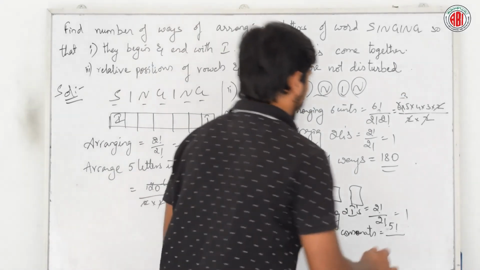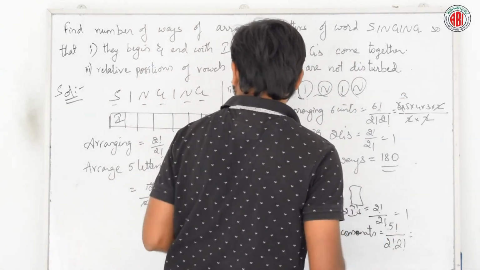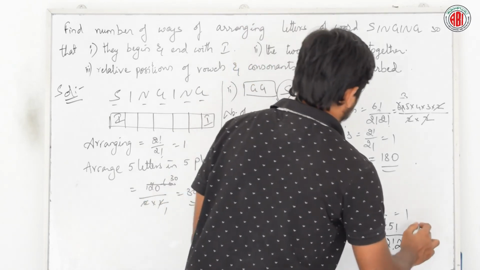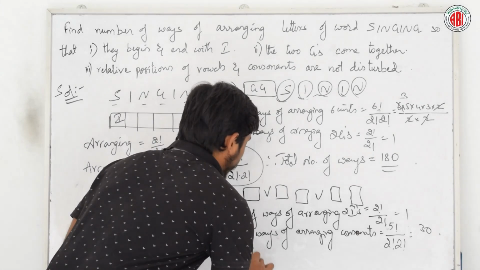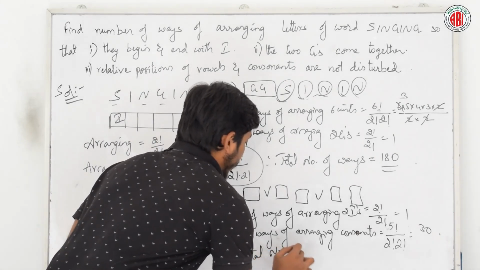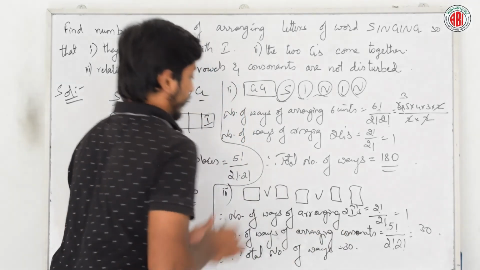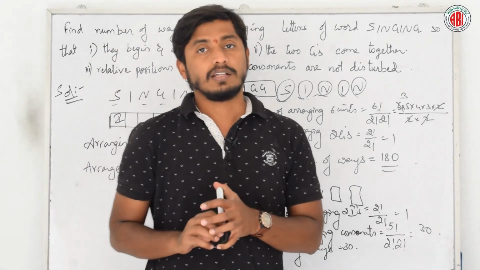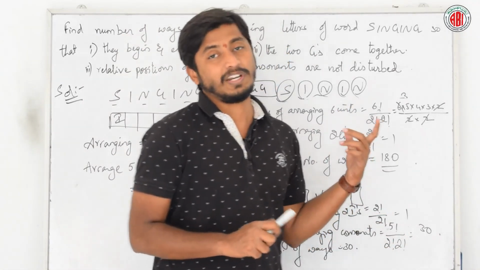So it is 2 factorial into 2 factorial. What is the answer? 5 factorial by 2 factorial into 2 factorial, that is 30. Therefore, the total number of ways is equal to 30. Is it right? So it is simple to understand and simple to remember if you understand the basic permutation.